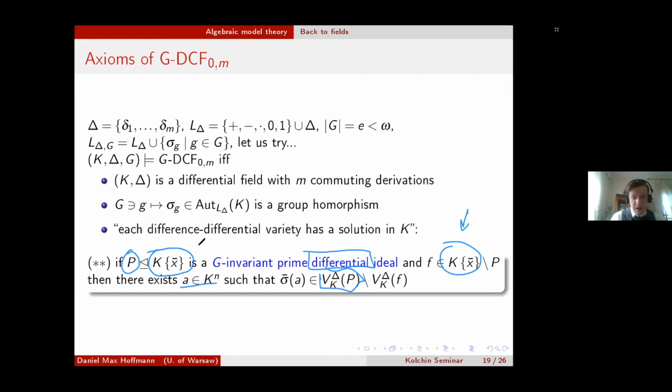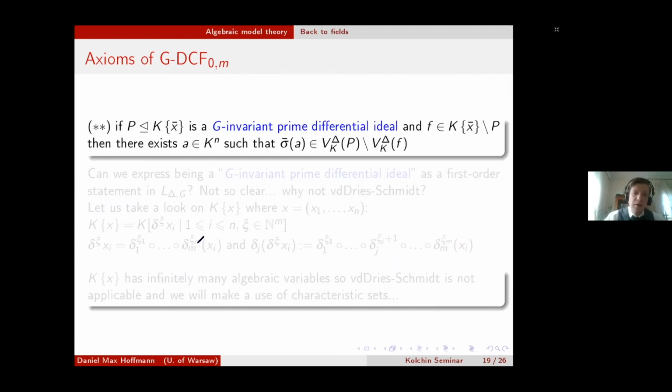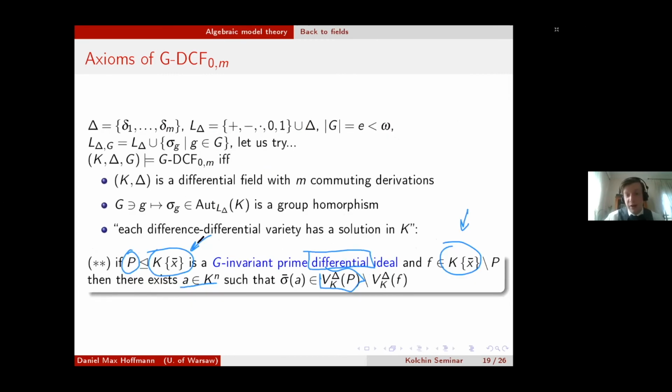So I think that I should explain what this K bracket X is. The first problem we face is whether this statement is a first order statement. Because I'll accept that everything looks fine.